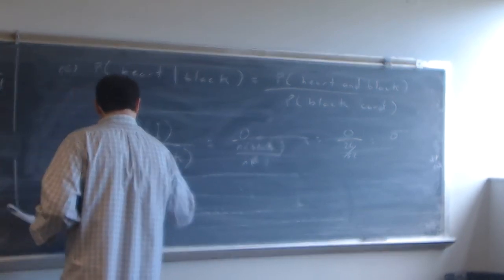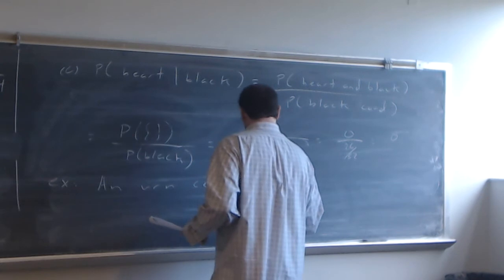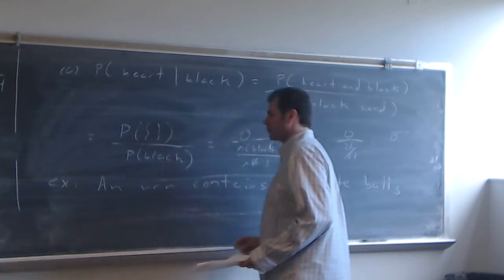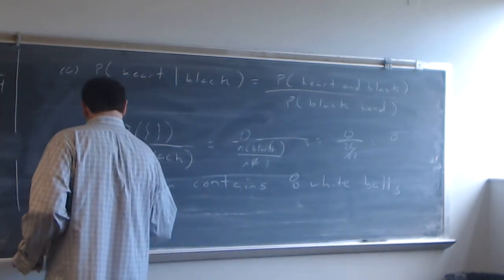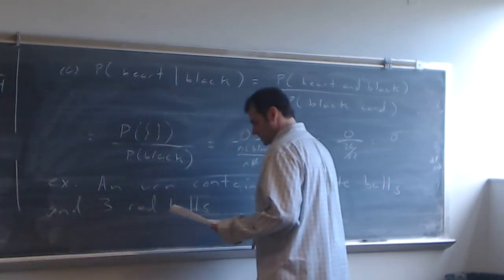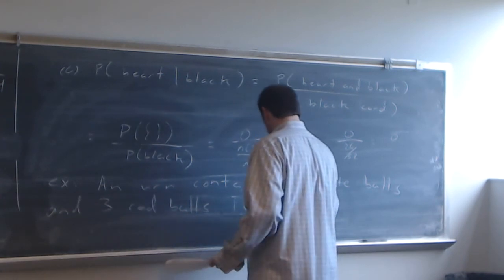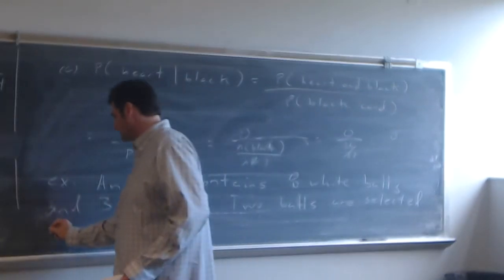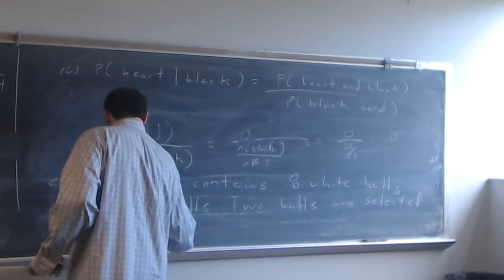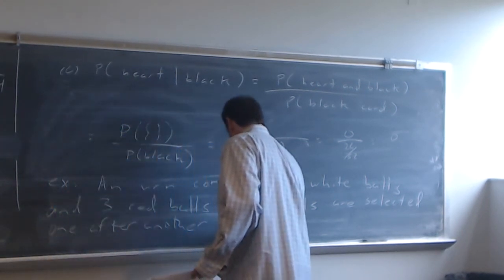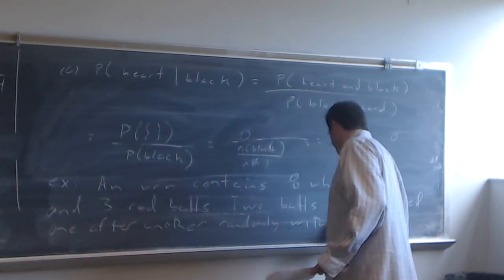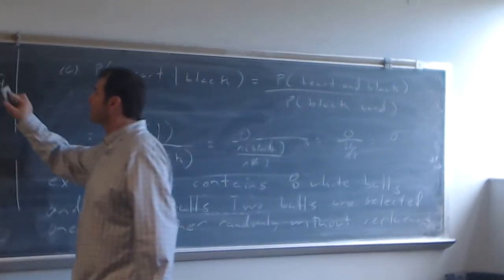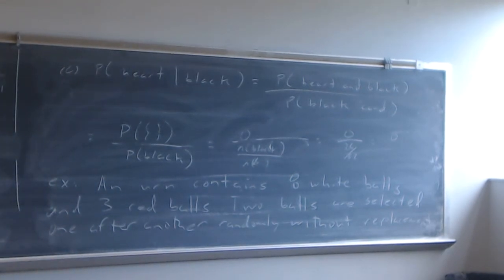It says an urn contains 8 white balls and 3 red balls. 2 balls are selected, one after another, randomly, without replacement. So we've got 8 white and 3 red.